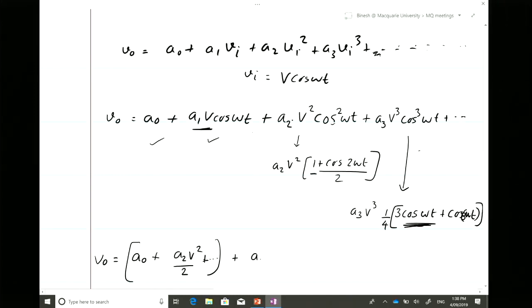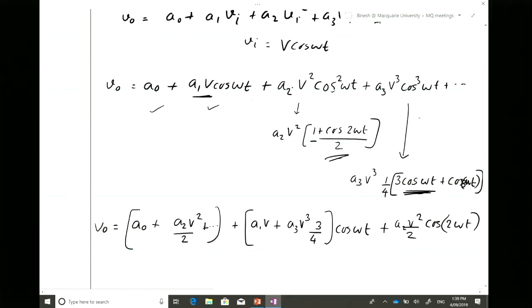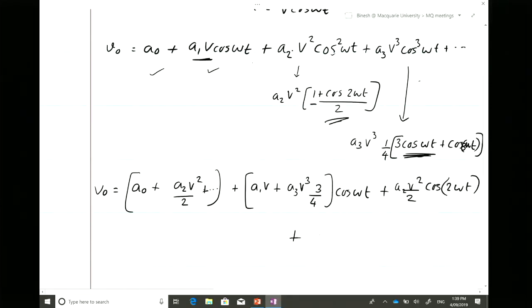So that is A1V plus A3V cube times 3 divided by 4, cos omega t, plus, and now cos 2 omega t is here, A2V square divided by 2 cos 2 omega t, plus A3V cube divided by 4 cos 3 omega t, plus so on.